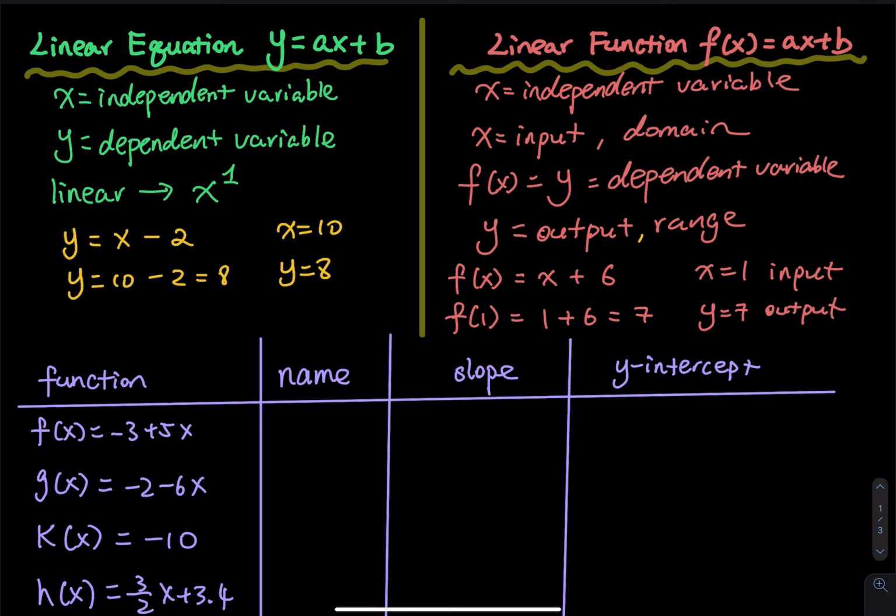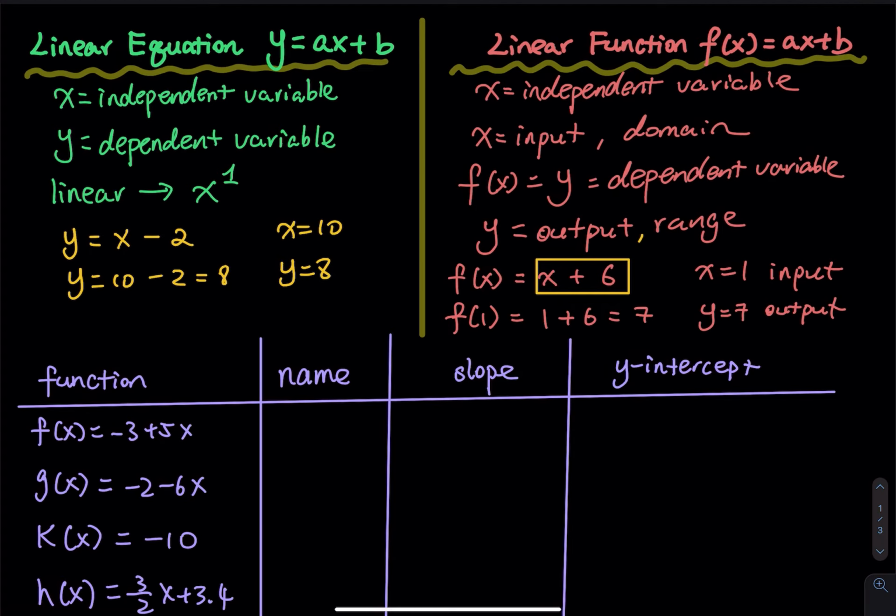the output. So the best way to think about a function is to think about the body of the function, x plus 6, as a machine. So x equals 1, you input something to the machine, just like a vending machine. X equals 1, you put some money into the machine, and then you let the machine do the job, and the machine will just take your input, add 6 to it, and then give you an output.